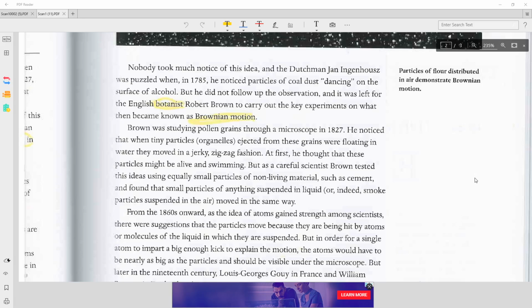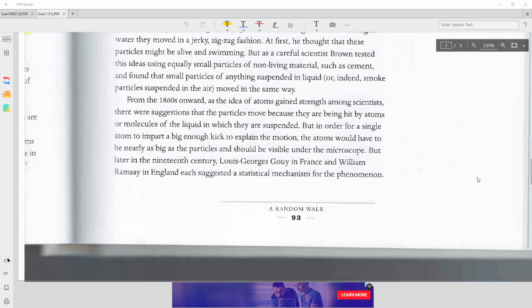But in order for a single atom to impart a big enough kick to explain the motion, the atoms would have to be nearly as big as the particles and should be visible under the microscope. But later, in the 19th century, Louis Georges Gouy in France and William Ramsay in England each suggested a statistical mechanism for the phenomenon.